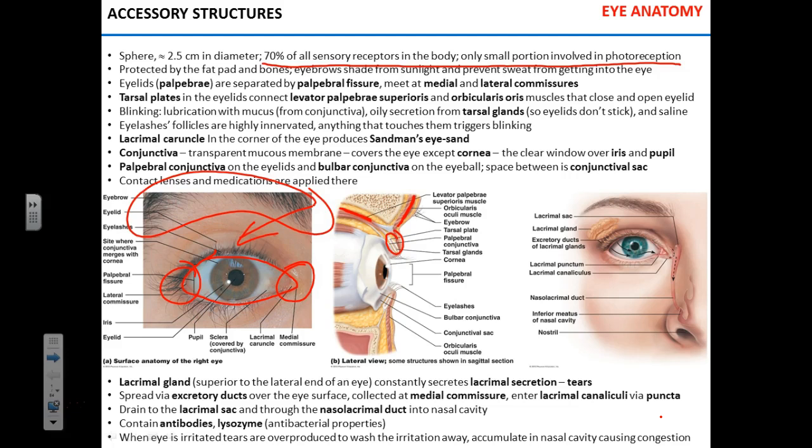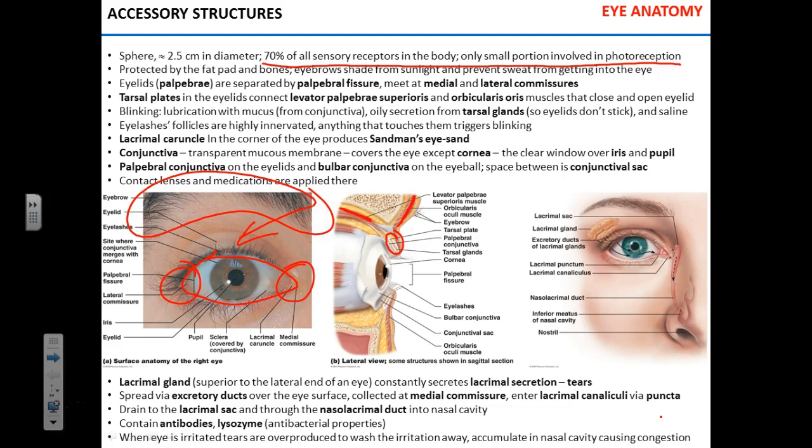That's why you can blink and wink, because of those two muscles. Blinking is a reflexive movement. Its function is to lubricate the eye surface. There are several secretions produced that participate in that lubrication.